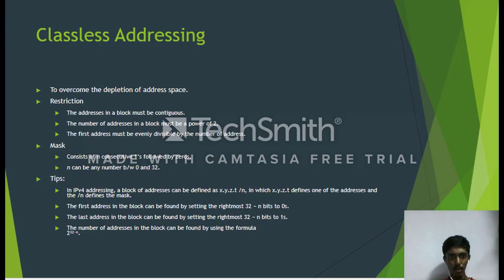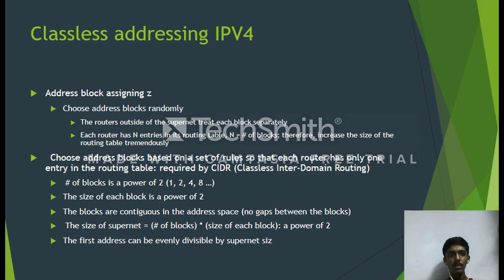The first address in the block can be found by setting the rightmost 32 minus n bits to zeros. The last address in the block can be found by setting the rightmost 32 minus n bits to ones. The number of addresses in the block can be found using the formula 2 to the power of 32 minus n.